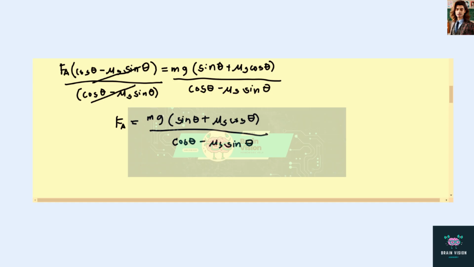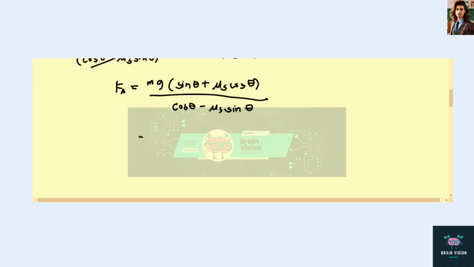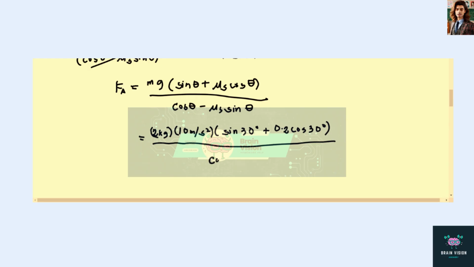Inserting the given values, we have 2 kilograms multiplied by 10 meters per second squared, multiplied by this quantity, sine 30 degrees plus 0.2 cosine 30 degrees, over cosine 30 degrees minus 0.2 sine 30 degrees.